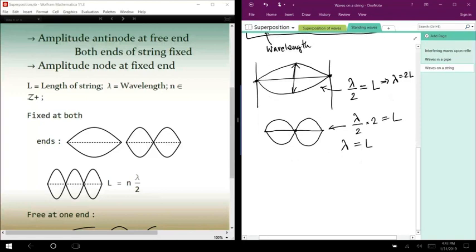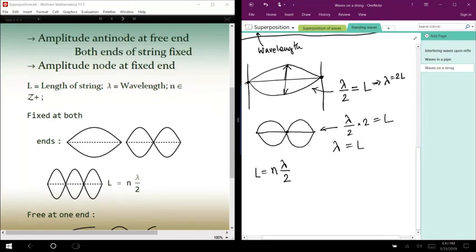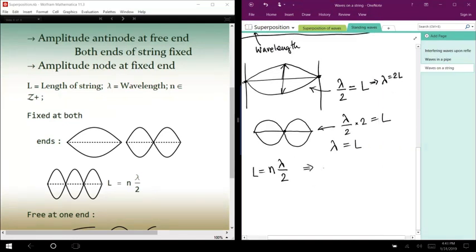So in general, for a situation like this, L is equal to n lambda over 2, which means lambda n is equal to 2L divided by n. And so that's the general situation where n is equal to 1, 2, 3, etc.